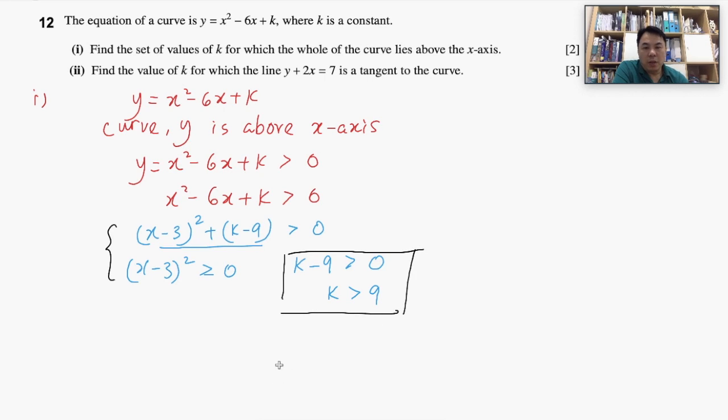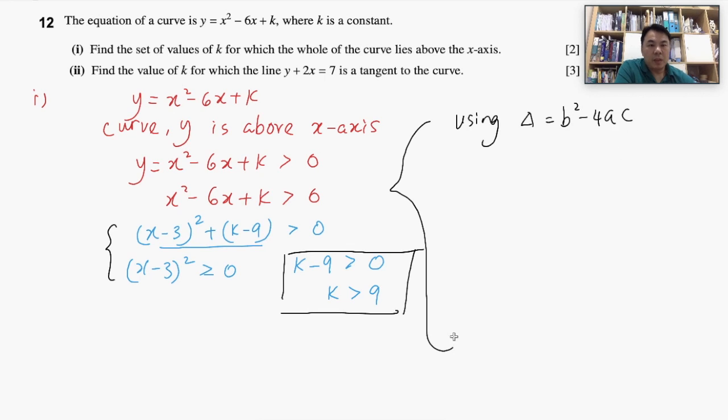How can I solve that using the discriminant then? You might be wondering. I'm going to rewrite that here. Can I solve it using the discriminant? That's the key question here. Let me rewrite this inequality.